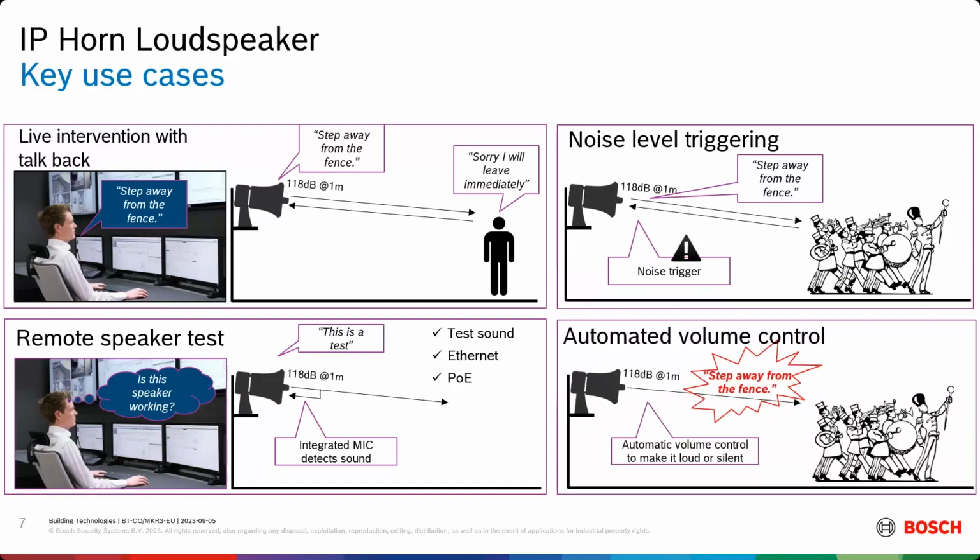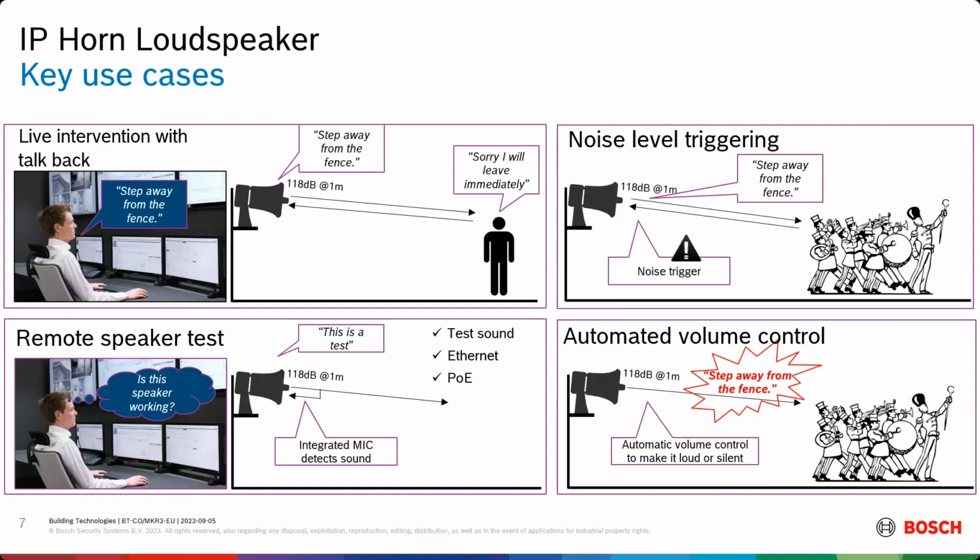Then there is a very helpful feature, automated volume control, which is very useful in an area where the ambient noise level is always changing. So imagine a busy street. During the day, a lot of traffic: the speaker needs to be louder if it still wants to be heard, compared to the night situation where there is very little traffic on the street and you don't want too much sound coming out of the speaker.